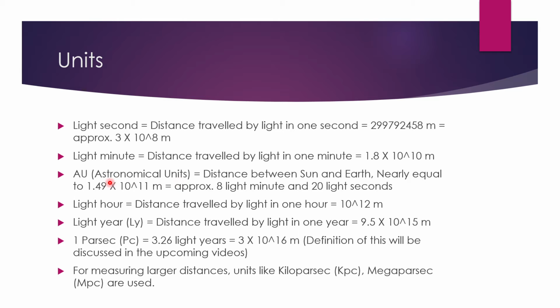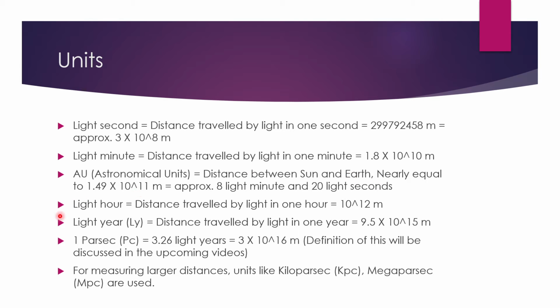The astronomical unit is the distance between Sun and Earth, which is nearly equal to 1.49 into 10 power 11 meters. That is equal to 1 astronomical unit. If we convert this distance into light minutes and light seconds, we get approximately 8 light minutes and 20 light seconds.